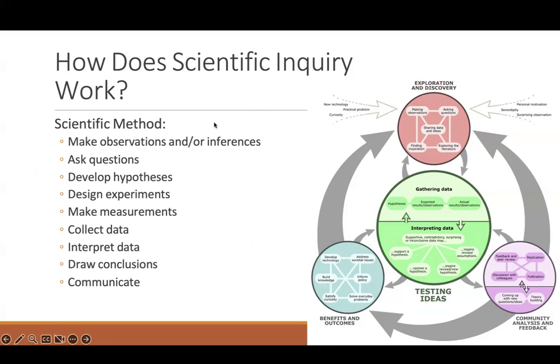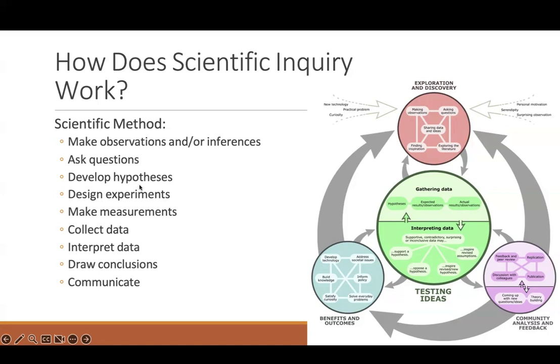And the problem with those is that it doesn't necessarily reflect the complexity that exists in actual scientific inquiry and actual scientific research, and how interrelated all of these different steps are and how non-linear they are.